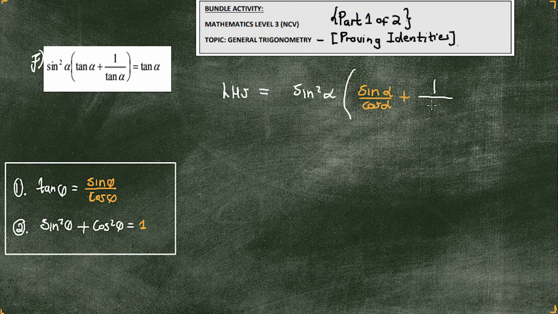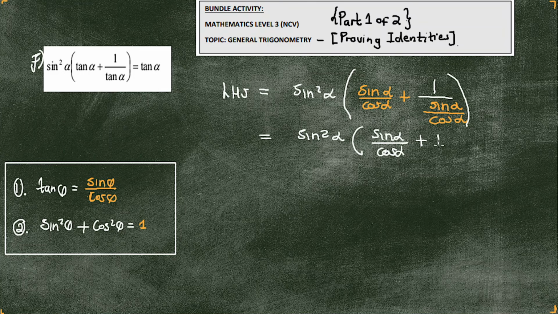On the denominator it's also an identity. Let's change it. Then we simplify further. Okay. Sine squared alpha, and then this remains over cos alpha plus a fraction being divided by, okay, it's a fraction with the denominator as a fraction.